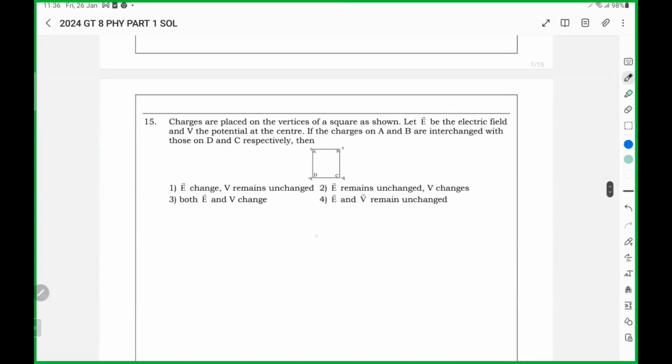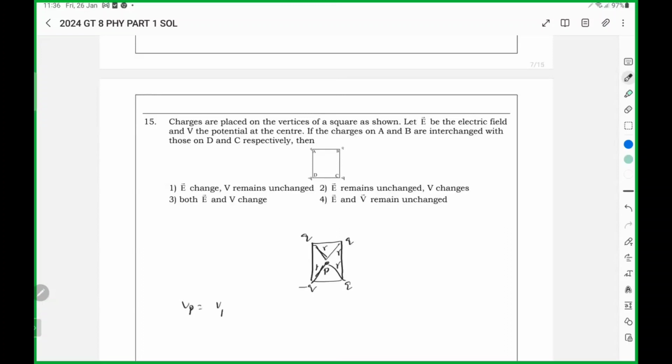And here, minus q, plus q, plus q, plus q. You have to find the potential at the center of a square. Let us say the midpoint of the diagonals are all at equal distance.